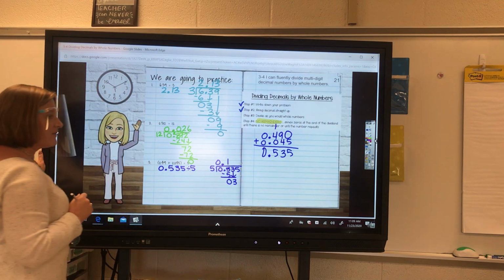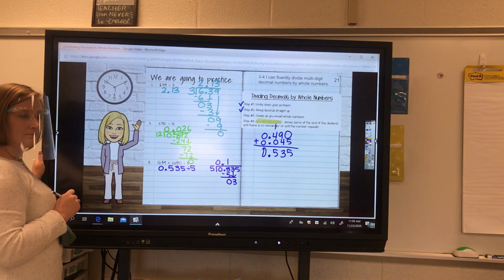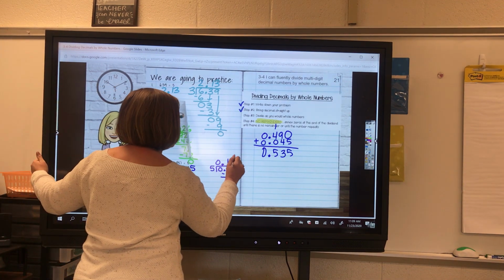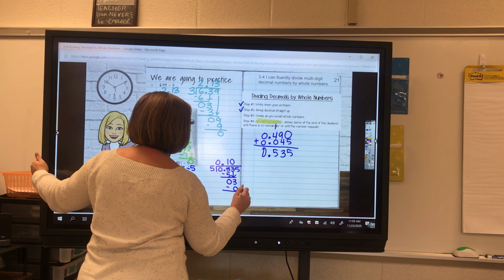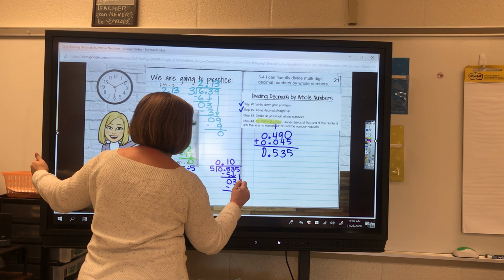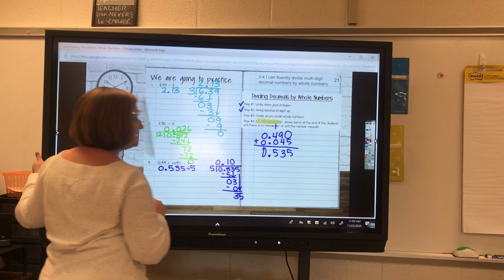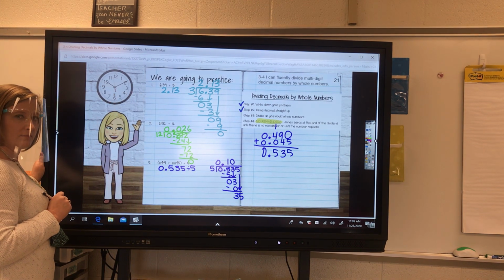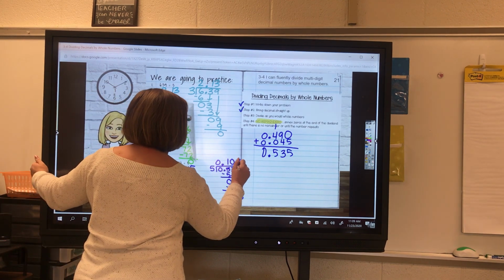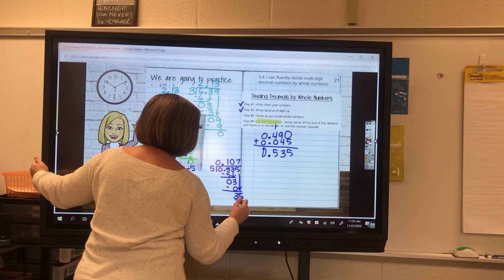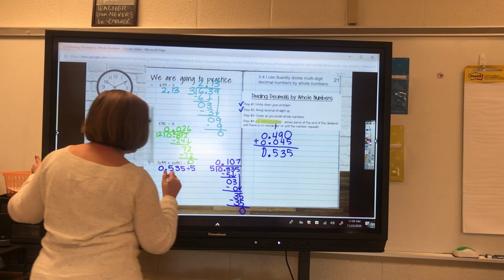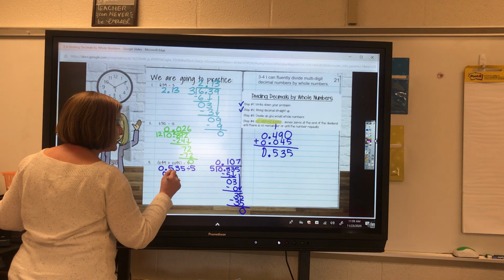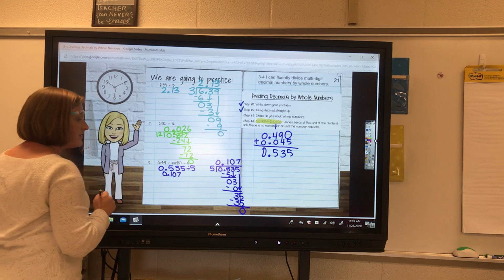How many times will 5 go into 3? 0. How many times will 5 go into 35? 5. So my answer is 107 thousandths.